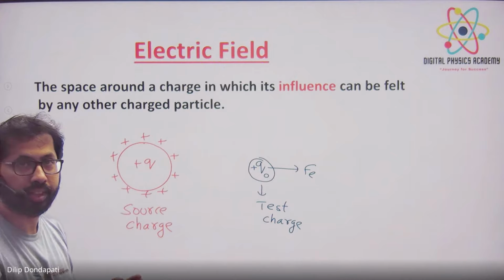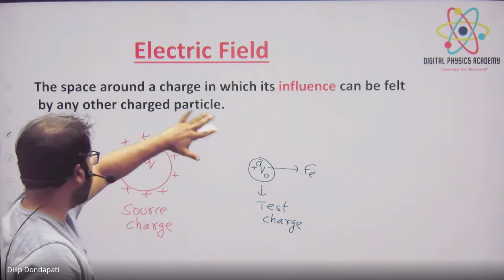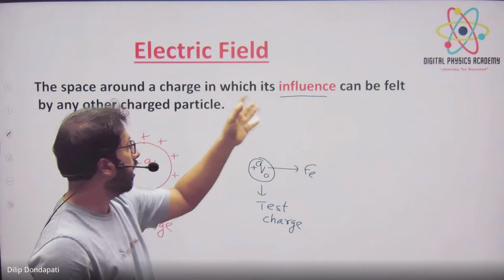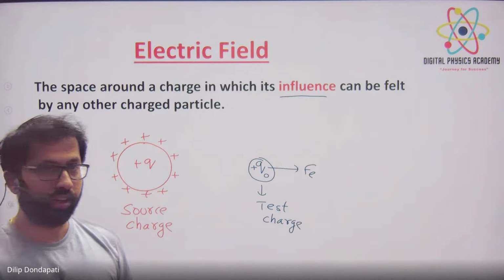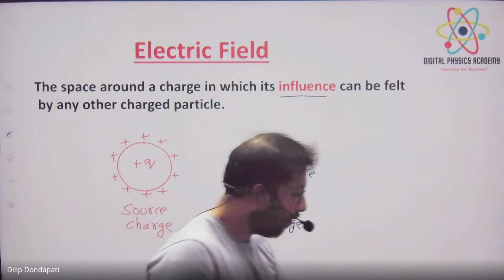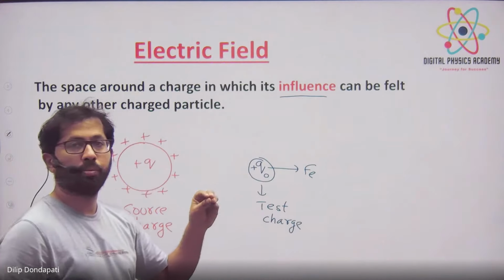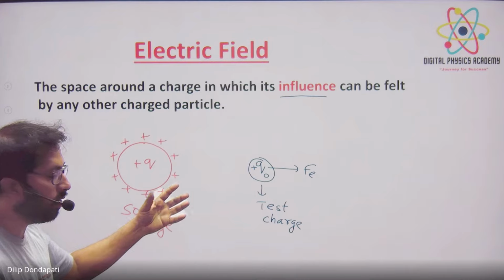Like same as gravitational field. That's why the space around a charge in which its influence, means force, can be felt by any other charge particle is called as electric field. And always in our portion mein, test charge ko we should take as positive charge. Always test charge is positive charge, for testing purpose ke liye we'll use.